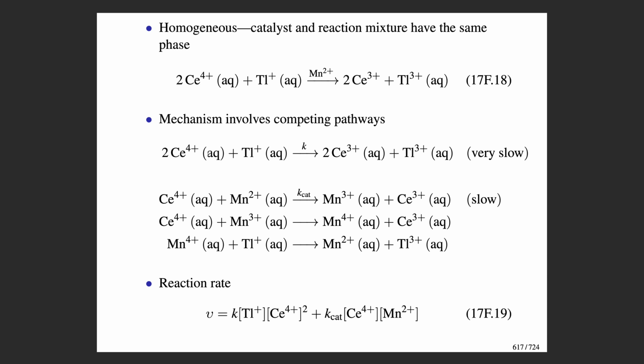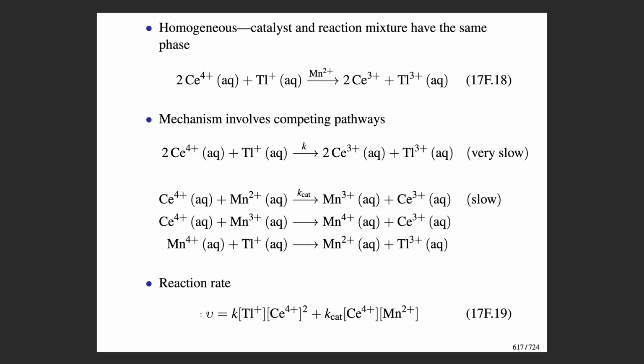Cerium-4 being reduced to cerium-3 and thallium being oxidized to thallium-3 is very slow on its own. However, if you sprinkle in some manganese compound, a different reaction mechanism will be provided, where the slow step of the new mechanism is still faster than the very slow step of the original uncatalyzed mechanism, and so overall you're going to get a net increase in the rate.